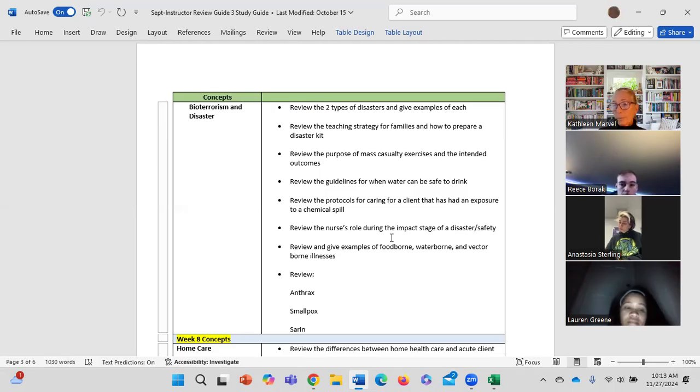Natural and man-made. Natural disasters are things we don't have any control over: hurricanes, tornadoes, floods. And then you have your man-made, which is considered human. We cause those: fires, warfare, explosions, pollution, water contamination.